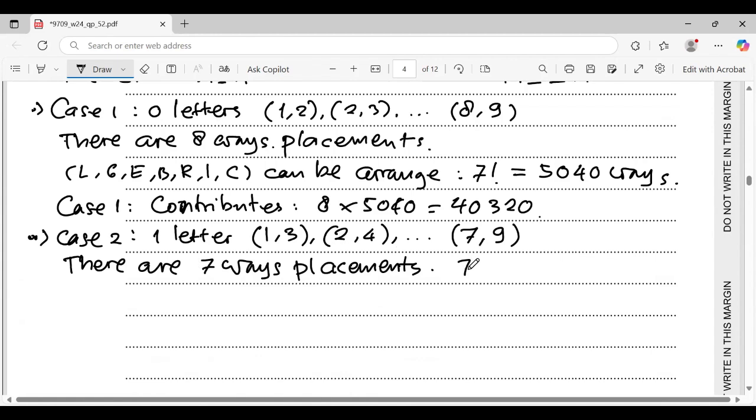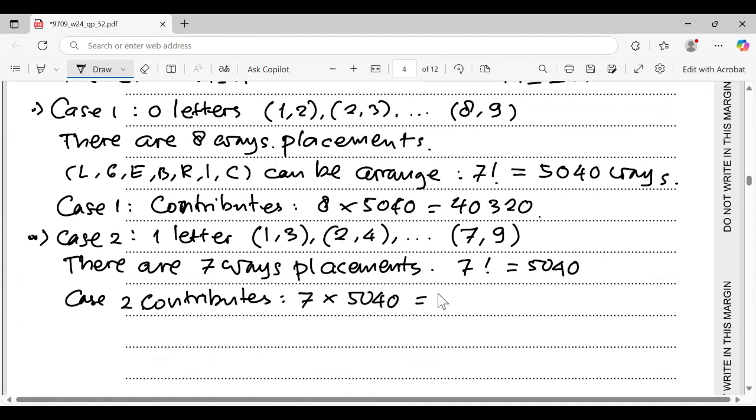So it means 7 factorial equal 5040 ways. So case 2 contributes 7 times 7 factorial. Calculate, the result is 35,280.